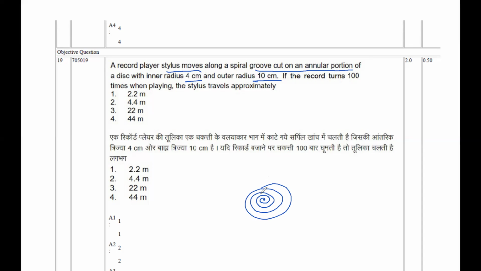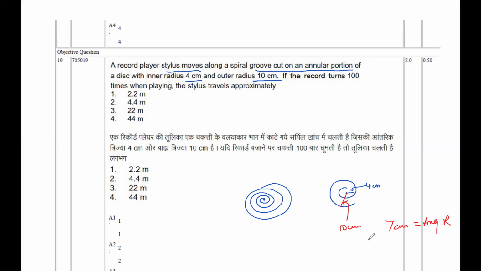So the spiral groove, it seems it's just one circle like this. So this inner radius is, they're saying 4 centimeters, and this outer radius, I'll use a different color. This is the outer radius that they're saying is 10 centimeters. So I'll take the average and I'll get 7 centimeters as the average radius.